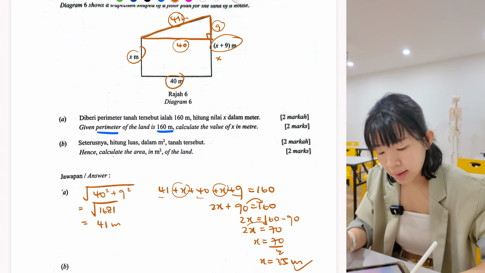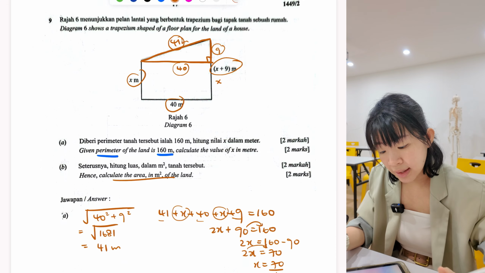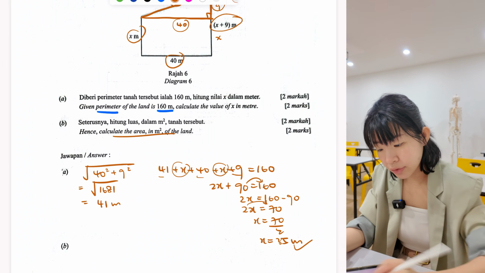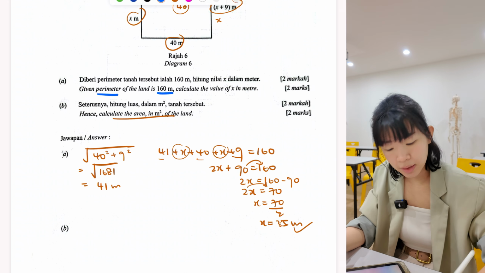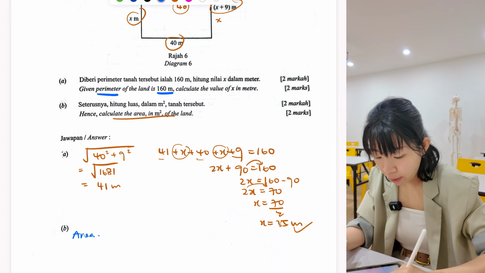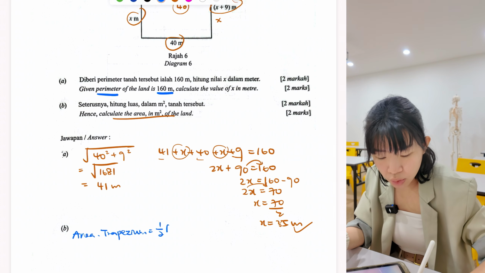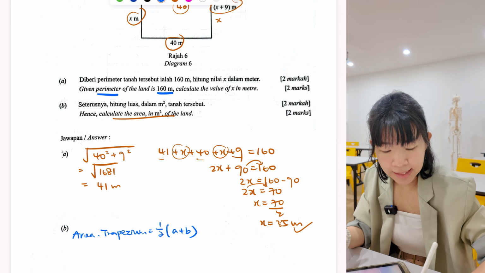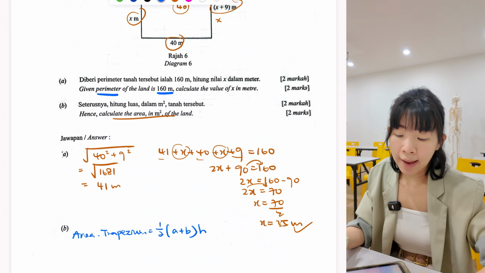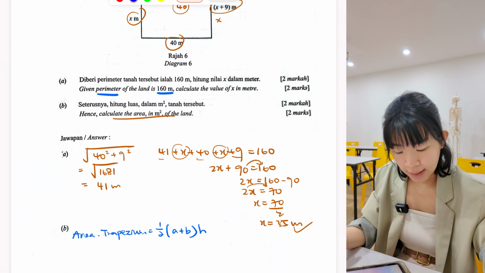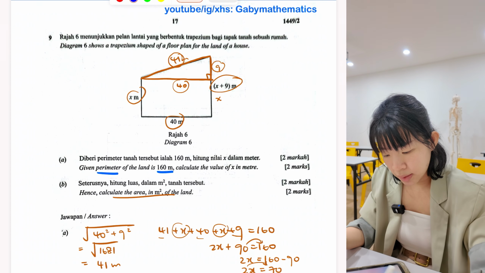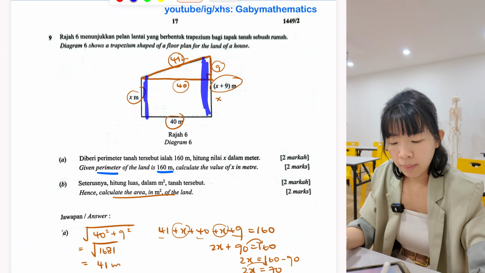Now calculate the area of the land. This land is a trapezium. Do you all still remember how to find the area of a trapezium? The formula for a trapezium is always 1 over 2, a plus b, times height. The a and b are the parallel sides. These two will be the a and b.